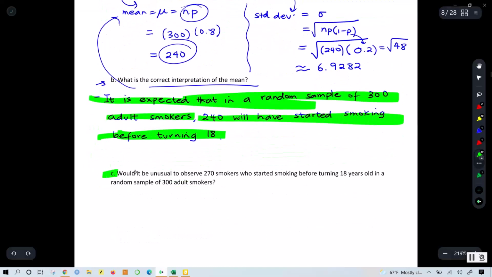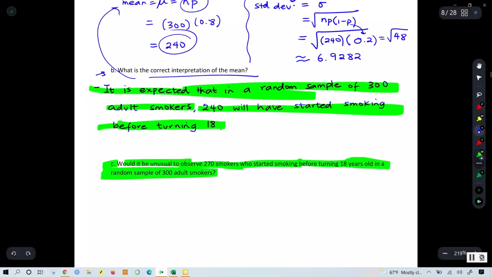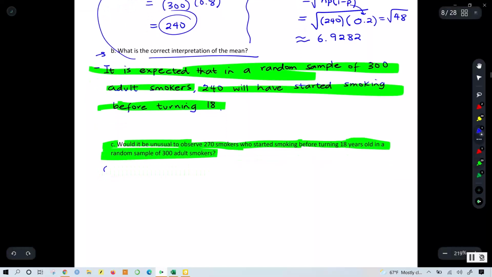Question C. Would it be unusual to observe 270 smokers who started smoking before turning 18 years old in a random sample of 300 adult smokers? These are the steps to follow here. The first step is to compute mu minus 2 sigma and mu plus 2 sigma.